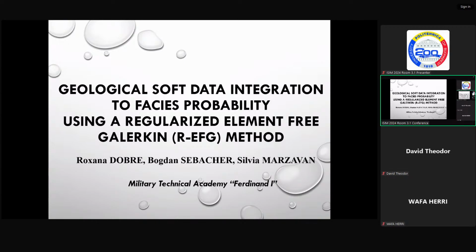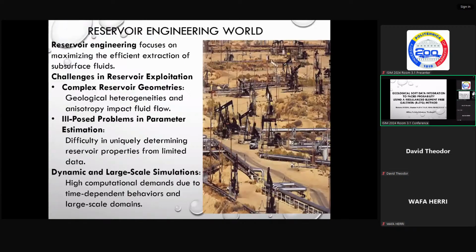Hello, we are talking today about the regularized element-free Galerkin method used for geological soft data integration. In order to talk about this subject, we must understand how it works in the reservoir engineering world. So we need to focus on maximizing the efficient extraction of subsurface fluids.